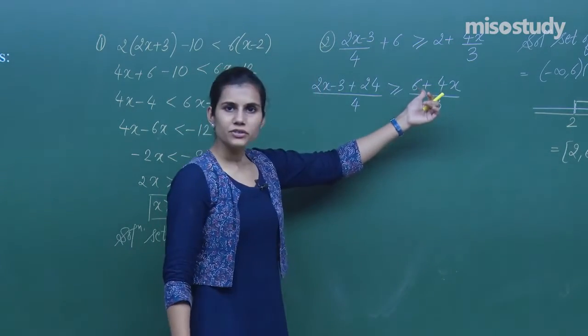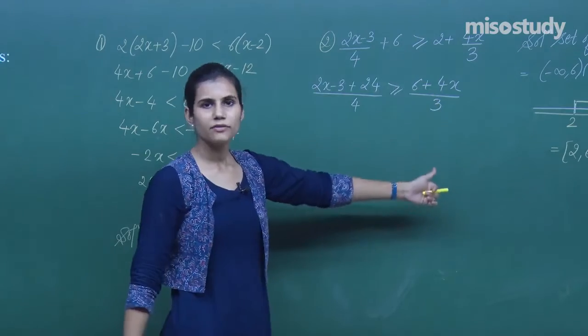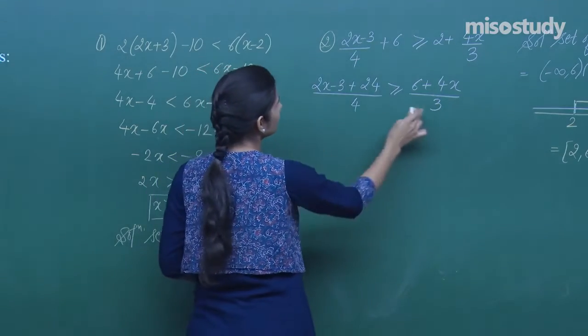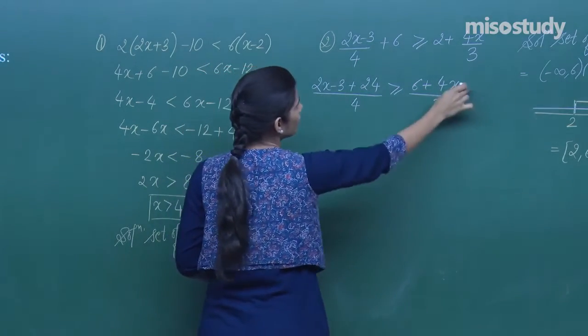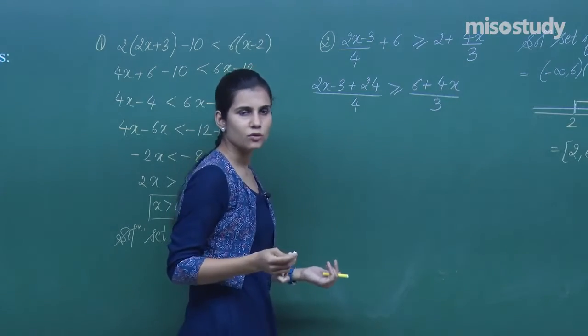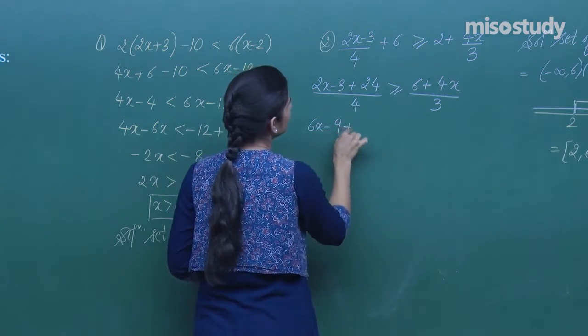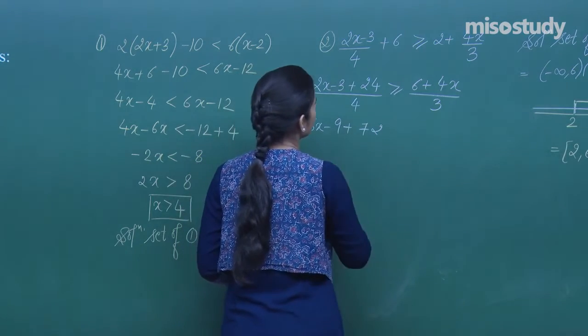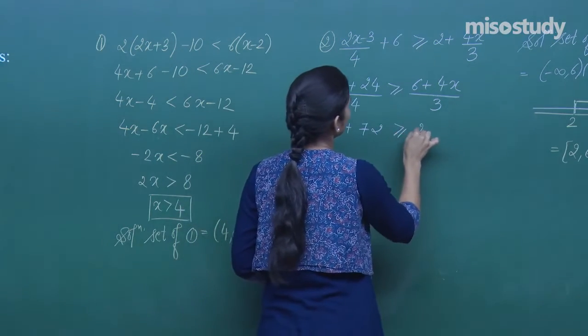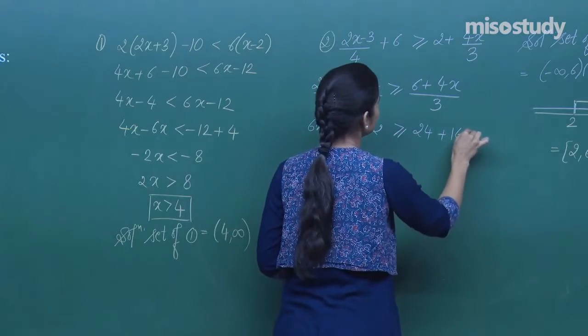Multiply both sides by 3, then multiply both sides by 4. Basically what are you going to get? 3 will be multiplied here, 4 will be multiplied here, both are positive, so the inequality doesn't alter. So 3 into 2 you get 6x minus 9 plus 72 greater than or equal to 24 plus 16x.